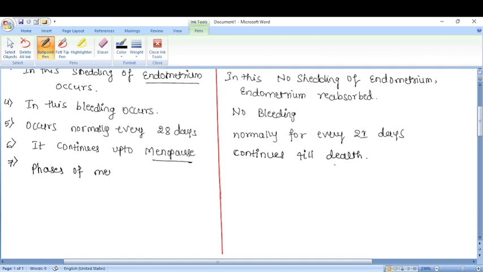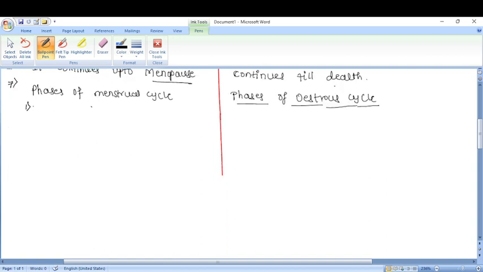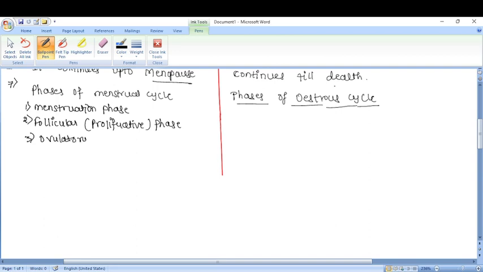The phases of the menstrual cycle are the menstruation phase, next the follicular phase, which is also called the proliferative phase, next the ovulatory phase, and last the luteal phase, which is also called the secretory phase.